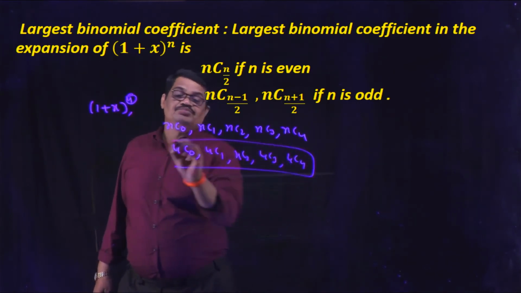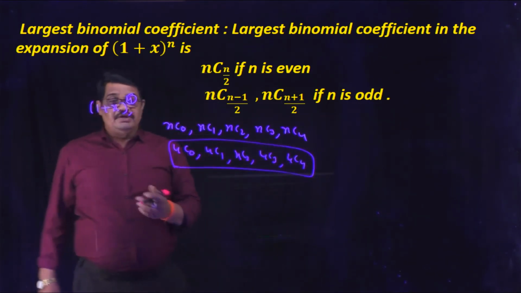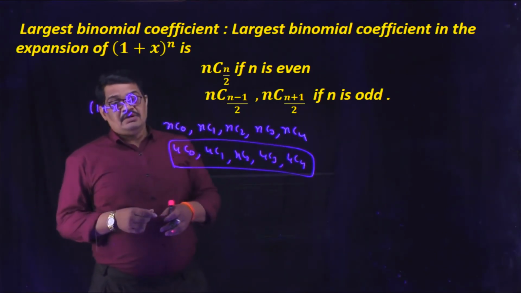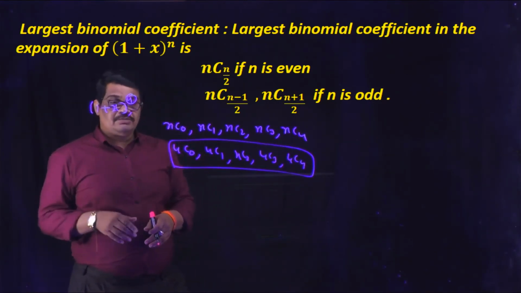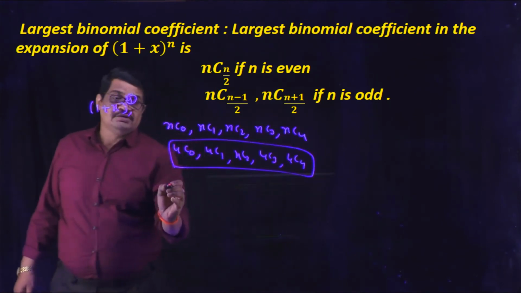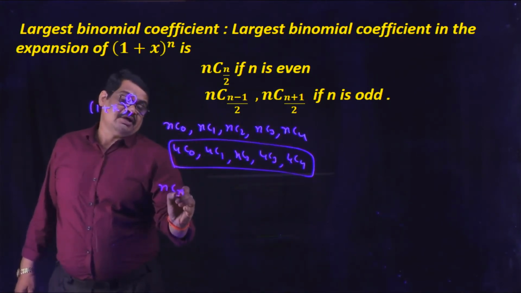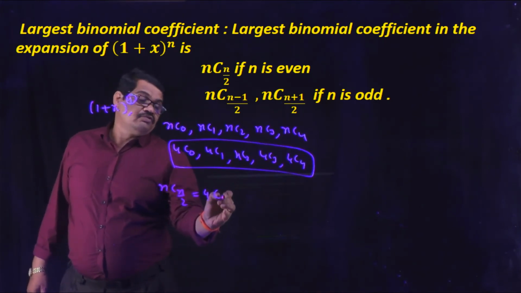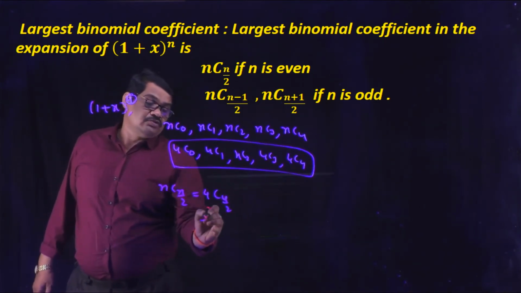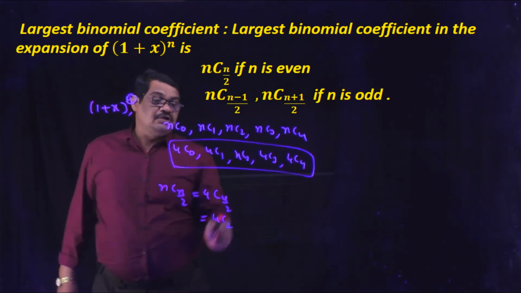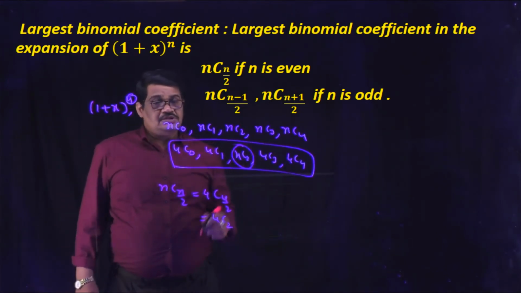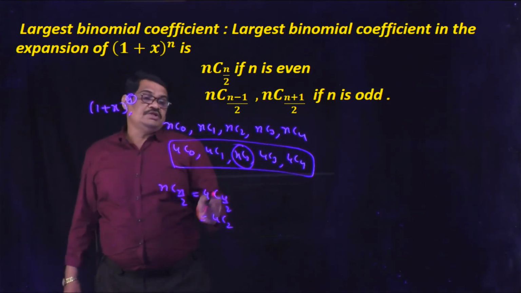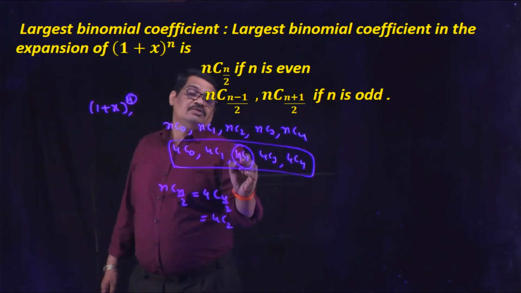If n is even, then what is the largest binomial coefficient? It is nC(n/2), that is, with n as 4, 4C(4/2), which is 4C2. In that, 4C2 is the largest binomial coefficient.